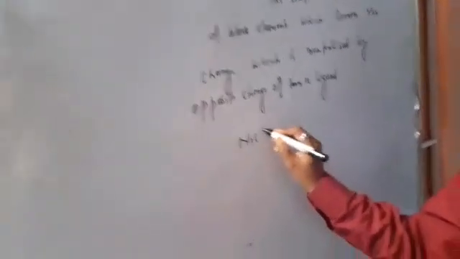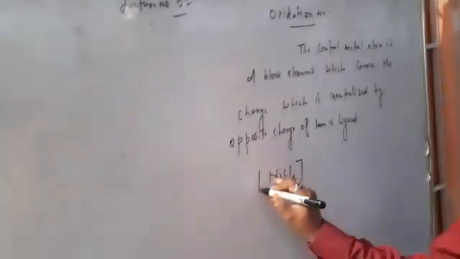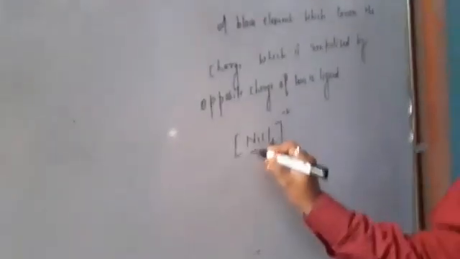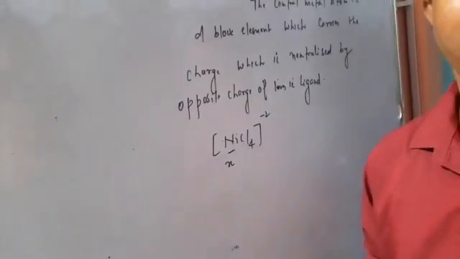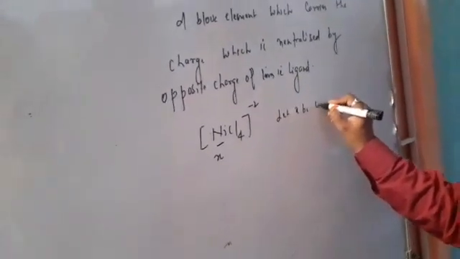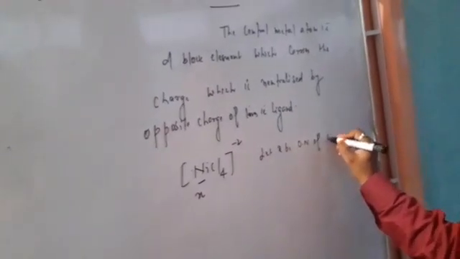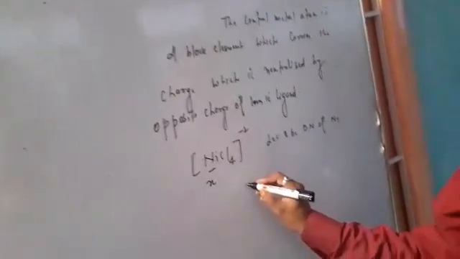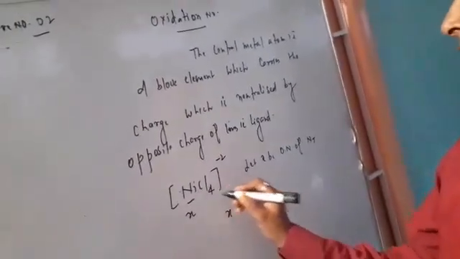Let us take the example of, first of all, [NiCl4]2-, which carries a negative charge. We have to find out the oxidation number of nickel. Let us suppose X is the oxidation number of nickel.